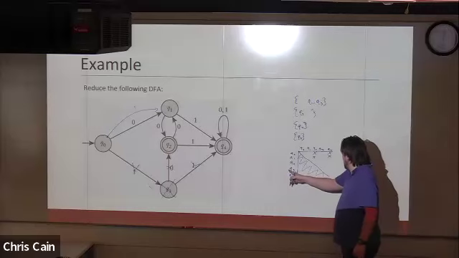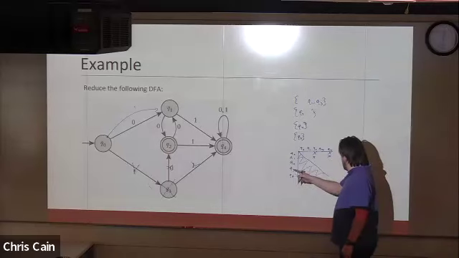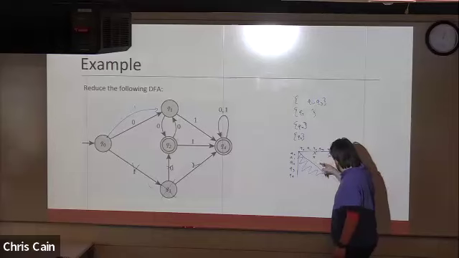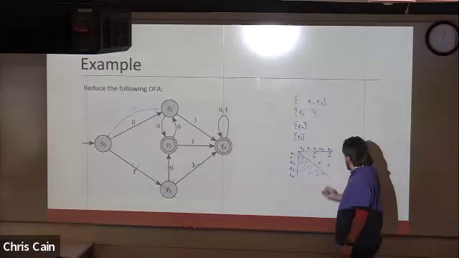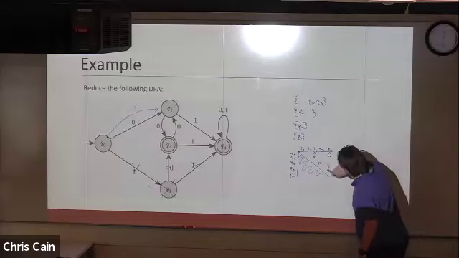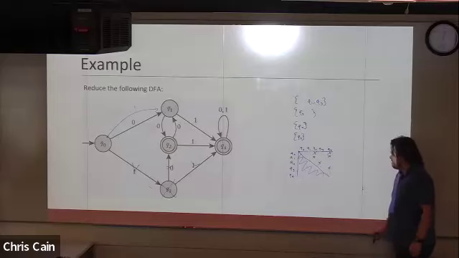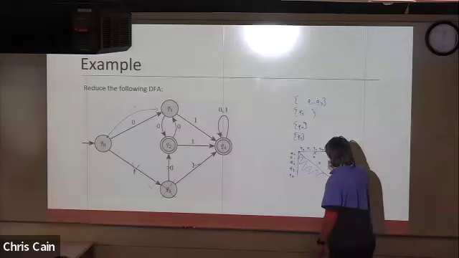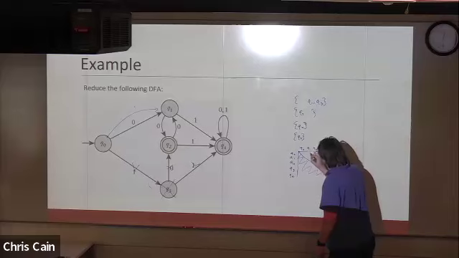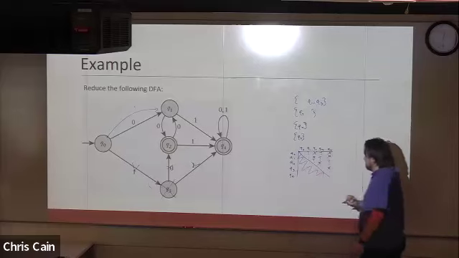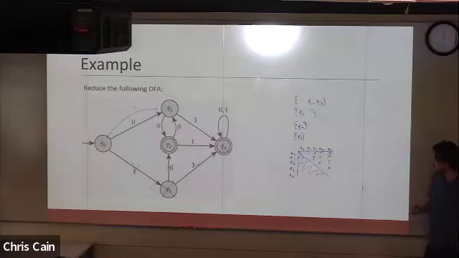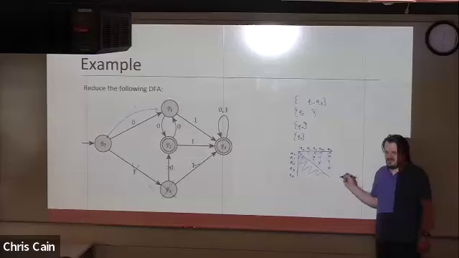Q3 was also distinguishable from Q2 and from Q4. So we had question marks here, here, here, here, and here. These were the pairs to go look at.